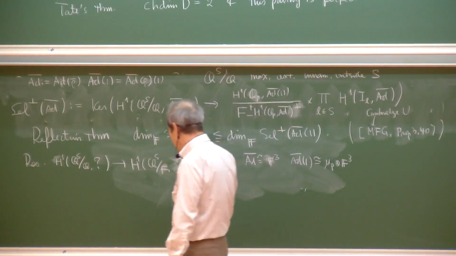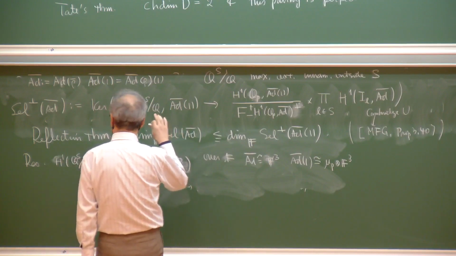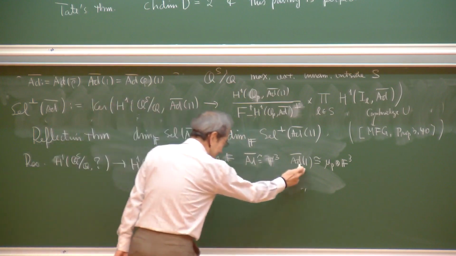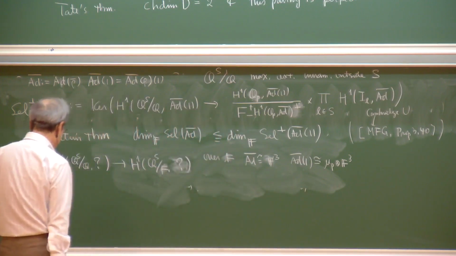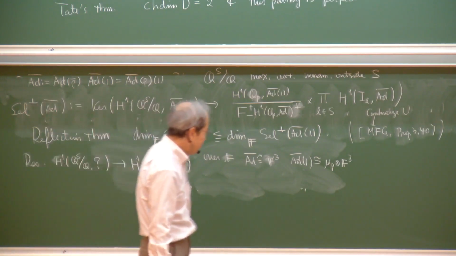And using Kummer theory, I try to compute the image of this Selmer group. And so I need to know this is injective, right?